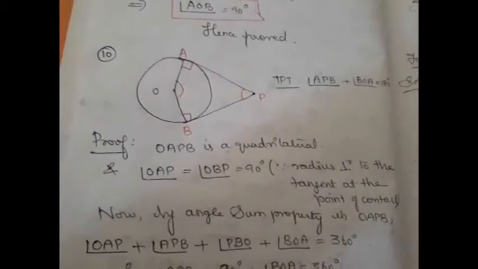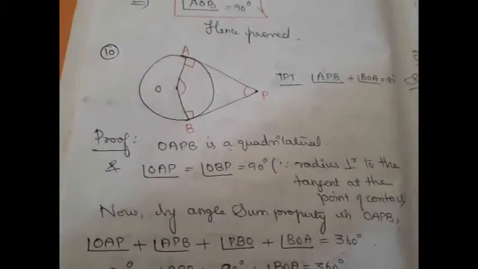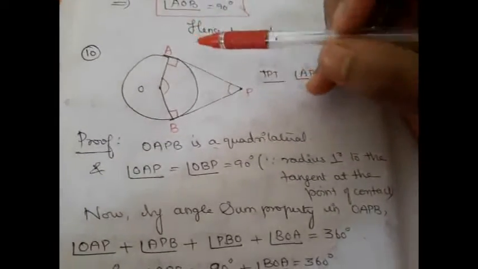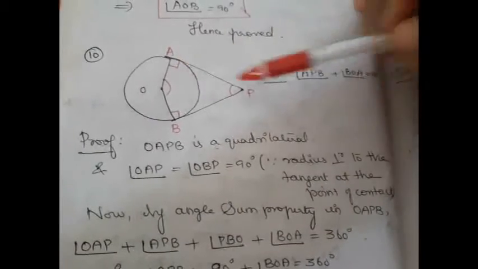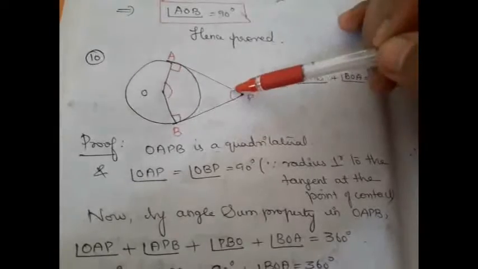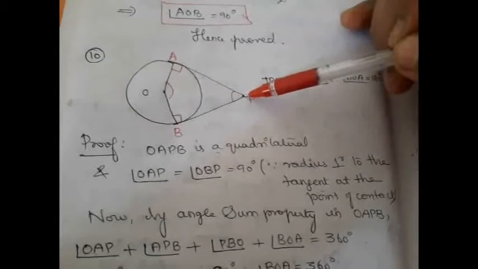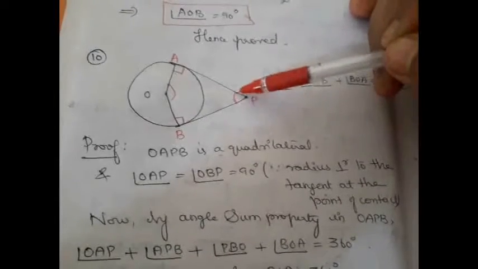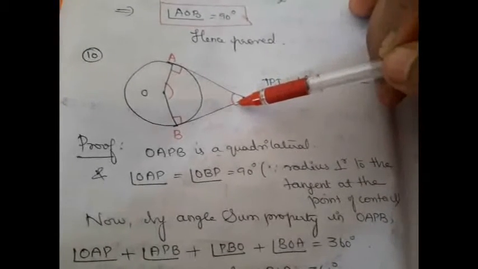The 10th question is: prove that the angle between the tangents drawn from an external point. They didn't give you the diagram; you have to draw the diagram. P is the external point, these are two tangents, and this is the angle between the two tangents to a circle.